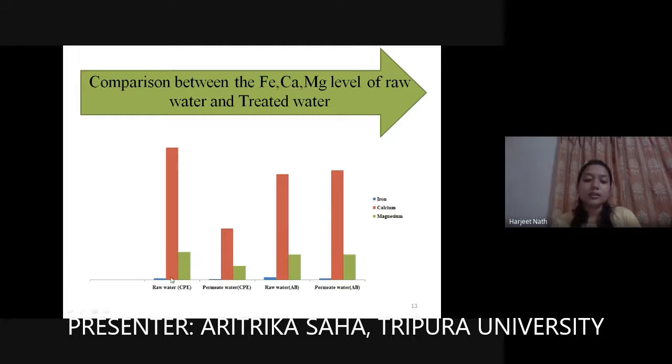Here you can see that after filtration, the iron, calcium, and magnesium content is decreased for the Chemical and Polymer Engineering Department. But for the administrative building, after filtration the calcium content is a little bit high, so we can say the purifier of that administrative building cannot work properly.